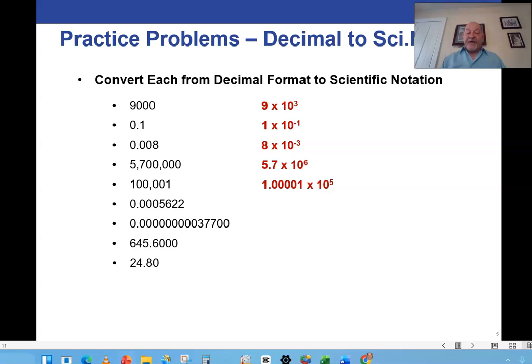The number after that, 0.0005622. Well, the easiest way to do this is notice that the 5 is in the 4th position after the decimal place, which means it's going to be a -4 power of 10. So that's 5.622 times 10 to the -4 power.